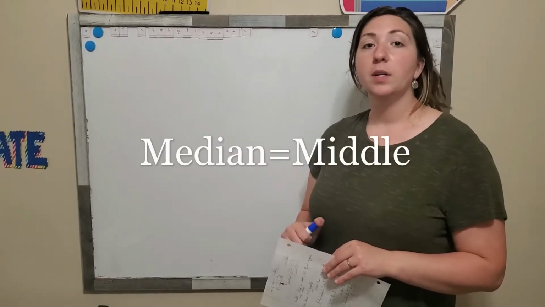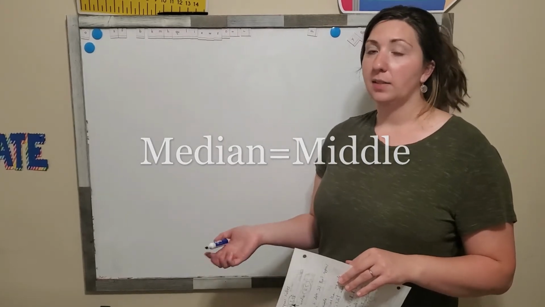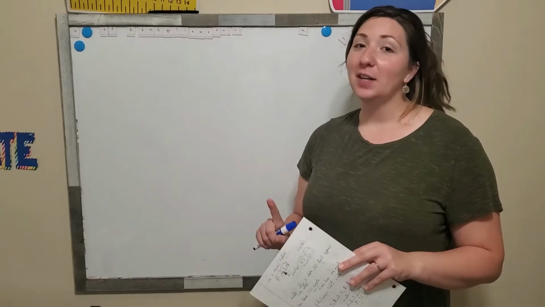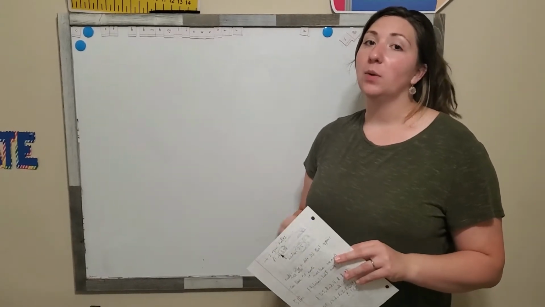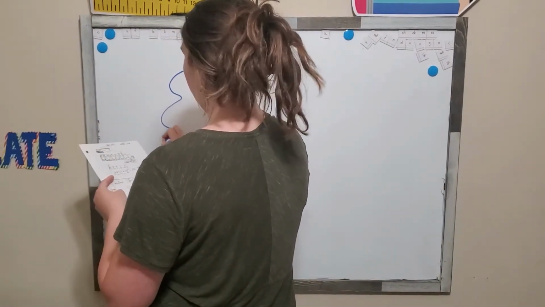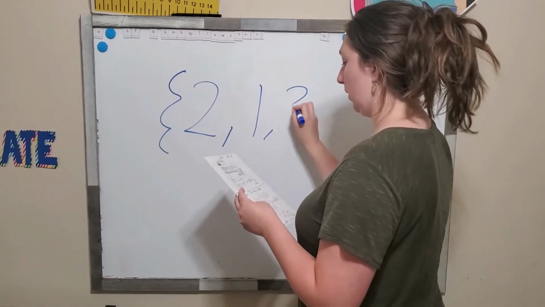Okay, now we're going to go over the median in any given data set. To find the median, we first put our numbers in order. I'm going to make this real simple for you: 2, 1, and 3.